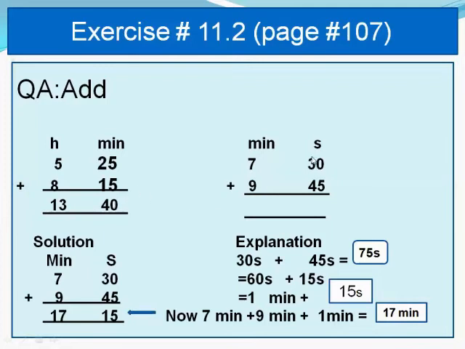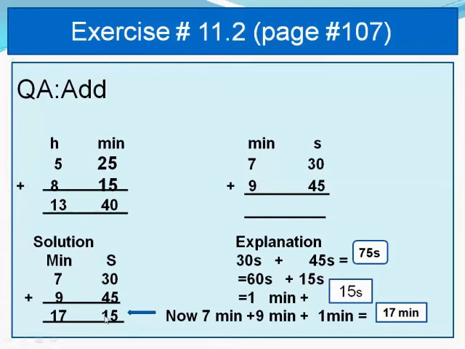Whenever the question is of this type, next question: 30 seconds plus 45 seconds, 7 minutes and 9 seconds. Now do the addition. 0 plus 5 is 5, and 3 plus 4 is 7.